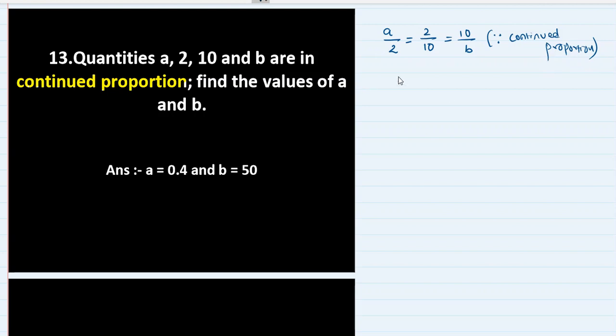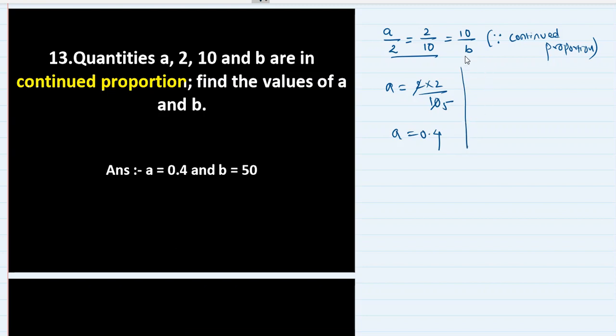Right? So comparing the first two ratios, a is equal to 2 into 2 by 10. 2 fives are 2 by 5, which is 0.4.